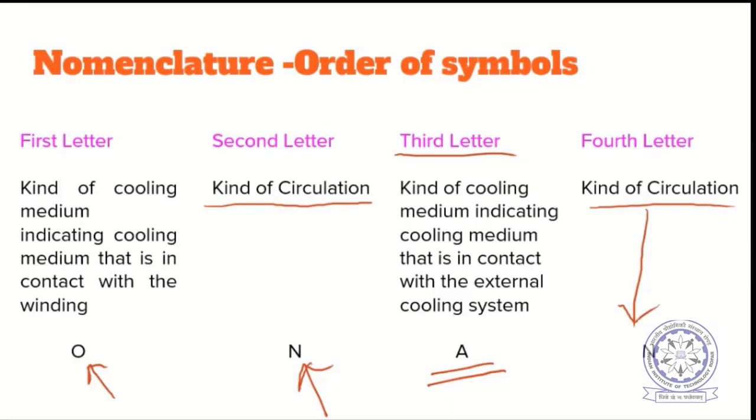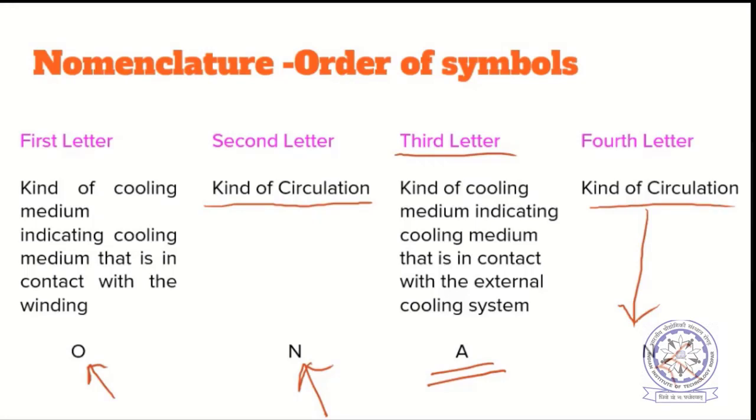How is that medium circulated? If you are using fans for air, then you have to say forced. If you are not using fans, it is natural circulation. If you are using fans and directing the air to tubes, then the symbol is D. This is the standard nomenclature with the order of symbols to be followed.